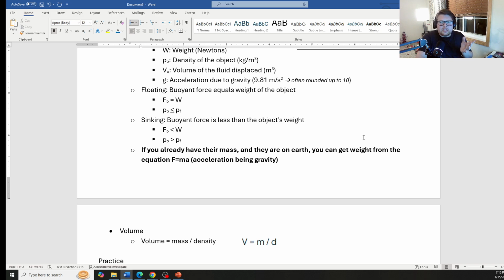And by weight, I mean the force in newtons that the person, air quotes, weighs, from that original equation that we talked about in week 1. Force equals mass times acceleration, Newton's second law. In this case, acceleration being the gravity constant.